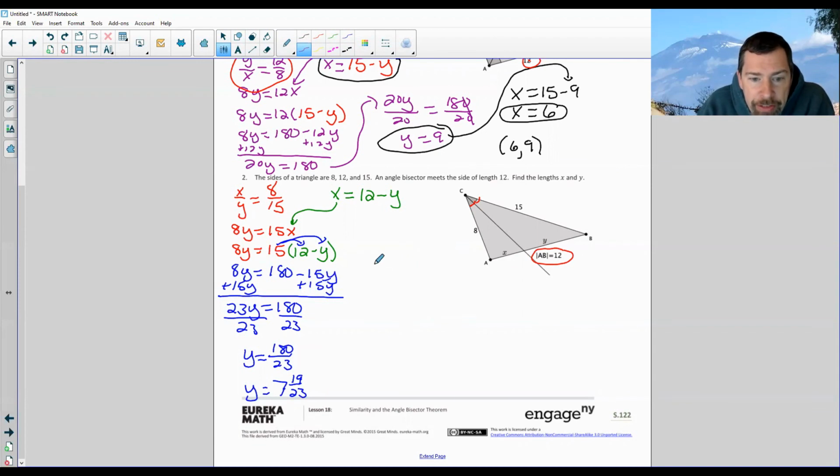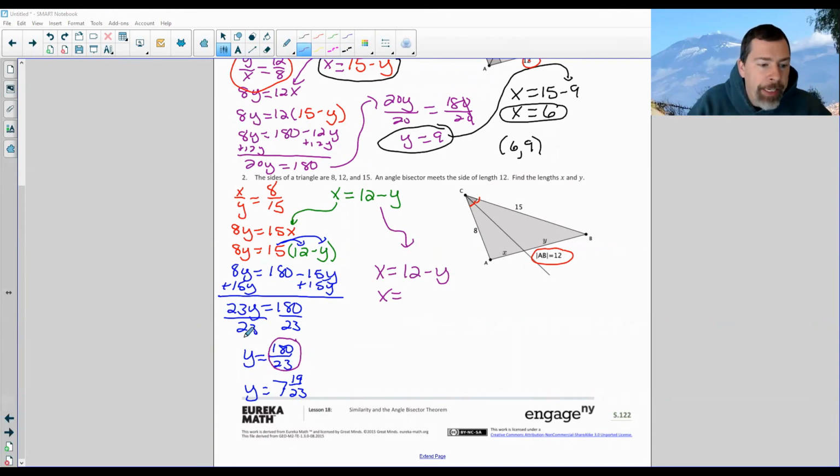We have to find x. So x equals 12 minus y. I'm just bringing this down. And now I'm going to substitute in my y. So x equals 12, and I'm going to use this value, it's just easier. And I want the common denominator of 23. I cannot subtract fractions unless the denominator is the same.